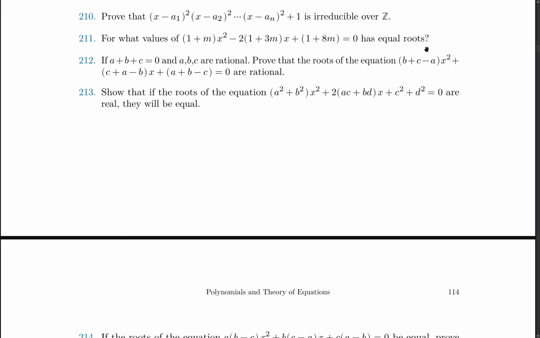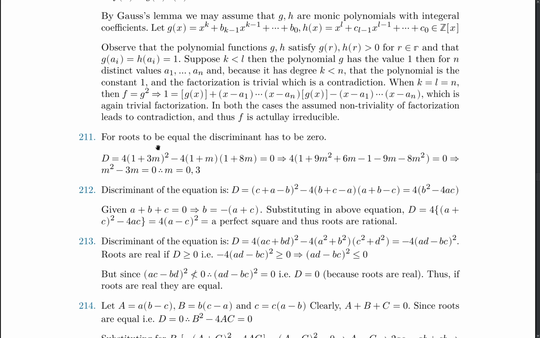If you look at the roots of a quadratic equation, those are minus b plus minus square root of b square minus 4ac, by 2a. So roots will be equal only if the square root of b square minus 4ac is 0. So b in this case is 2 into (1 plus 3m), a is 1 plus m, and c is 1 plus 8m.